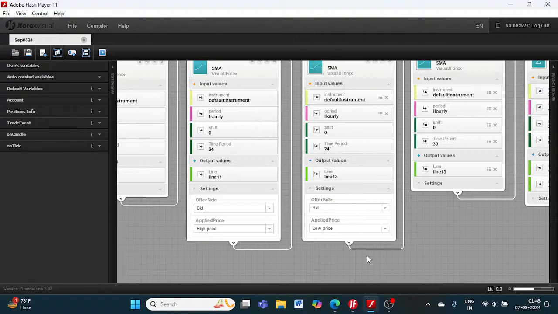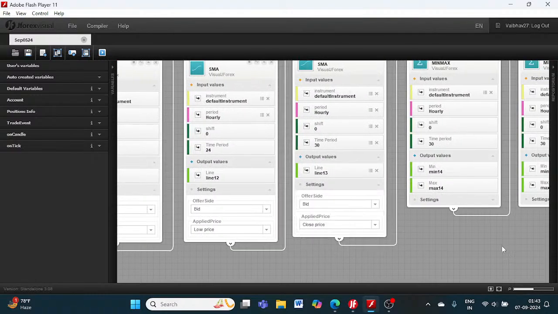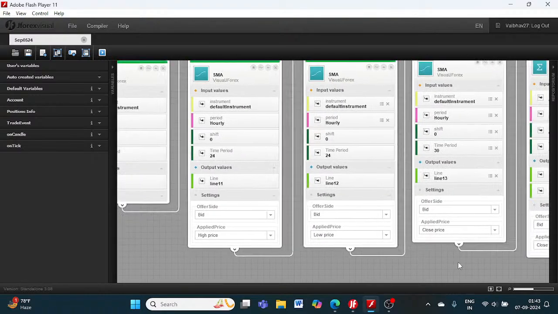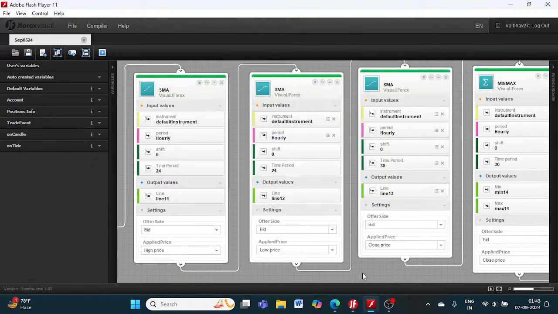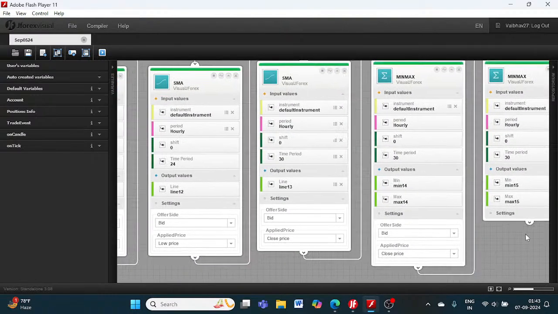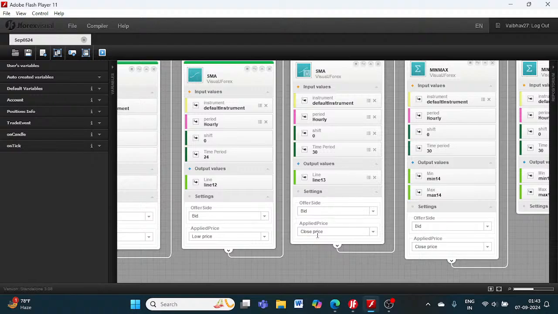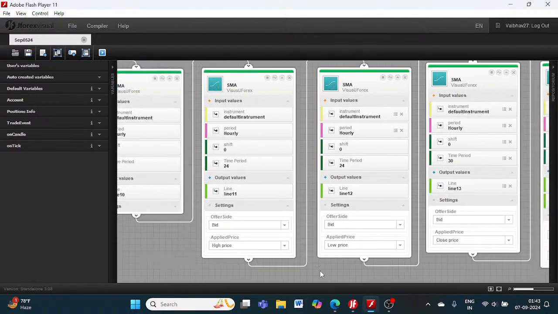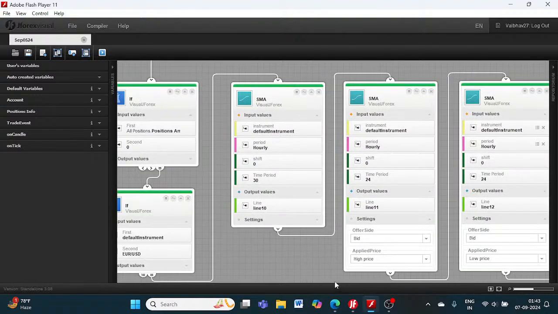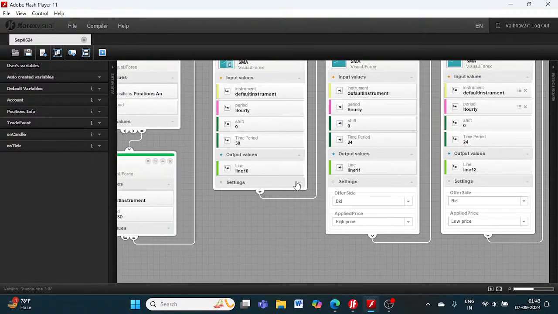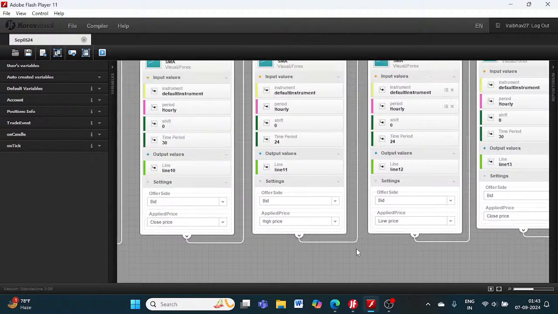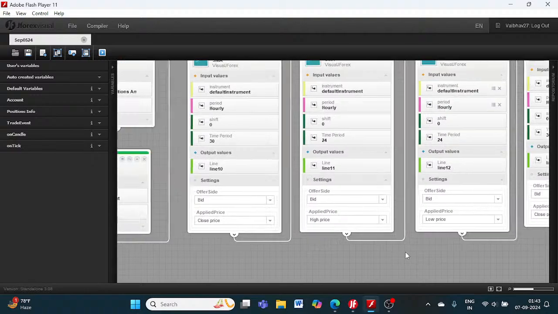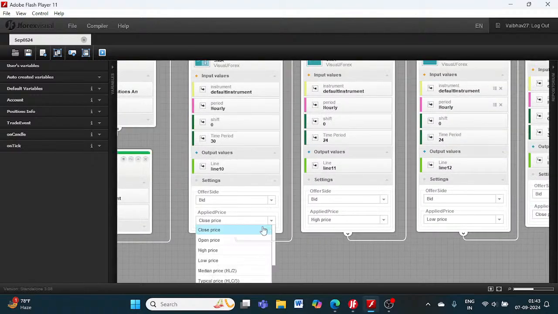All right, then again SMA. I think we need one more SMA here, because instead of 4, no, not really. Here these are 4 SMA blocks, and this one needs to be changed as well.